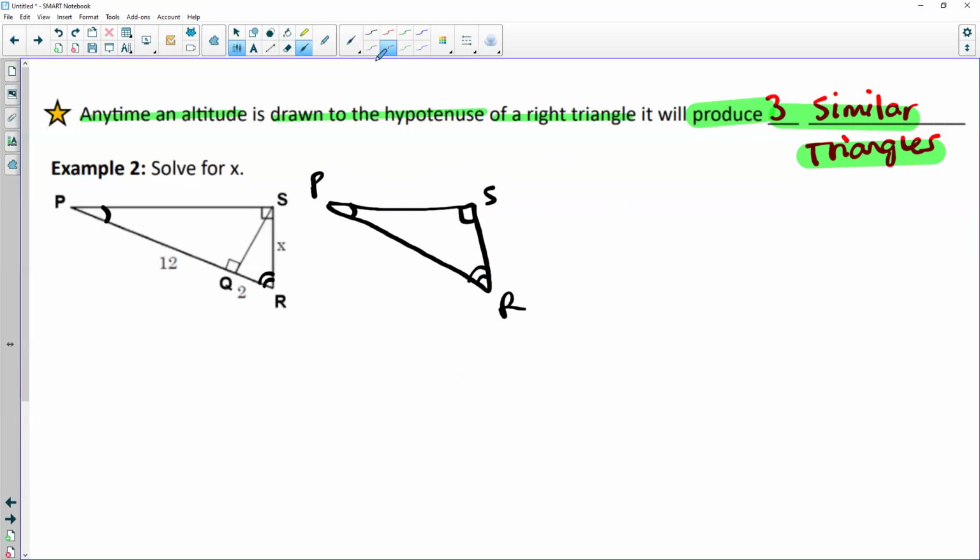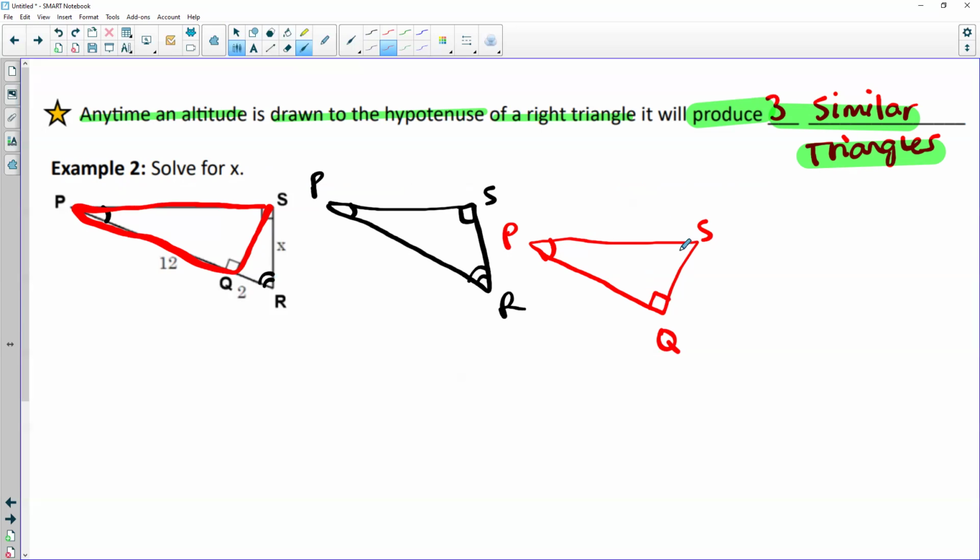Let's use the same colors here. If I look at the next one, the red triangle, it would essentially look like this, where this would be triangle PQS, and P has one ring. That would mean that Q here is labeled as the 90-degree angle.